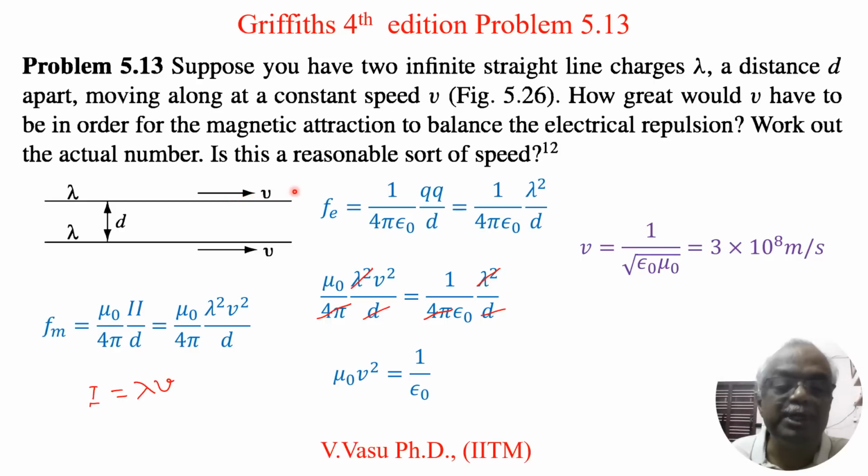So naturally, what it means is we cannot obtain the velocity of light. So this magnetic force will always be lesser than the electric force. In other words, we can say the electric force is always dominant over the magnetic force.